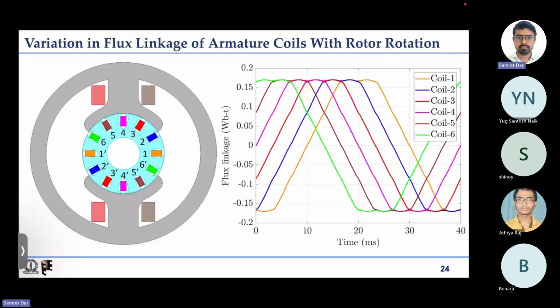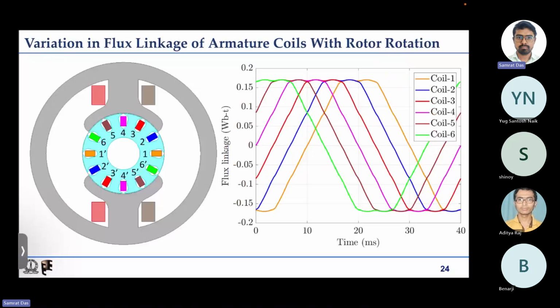Next we came to the modeling of the armature coils. We saw that if we excite the field winding in the stator and make the rotor rotate, then the flux linkages of all individual coils vary as shown in the right hand side figure.